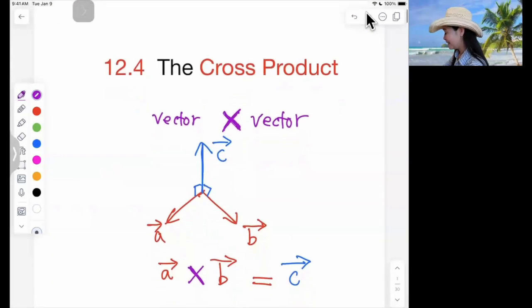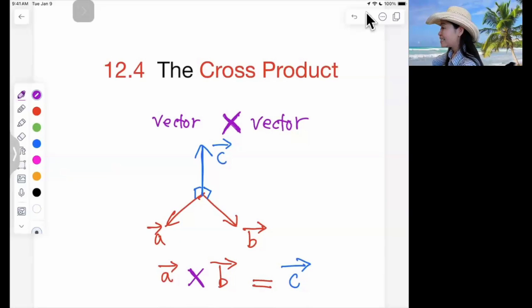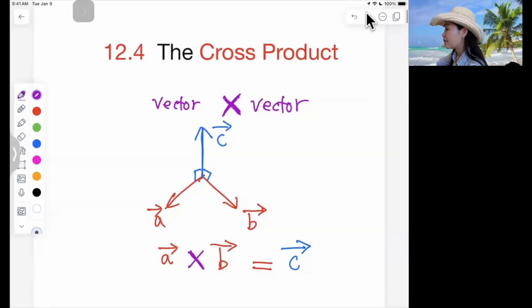All right, now that you know the determinant of a 3 by 3 matrix, that's going to provide us a way to remember how to find the cross product. A cross product, according to the definition, is a vector that is orthogonal to both vector A and vector B, and it follows the right-hand rule.